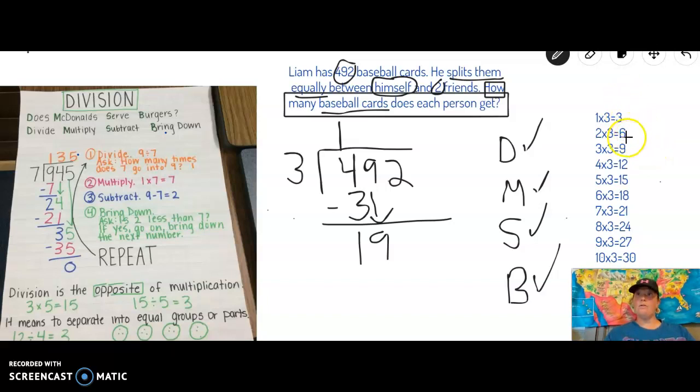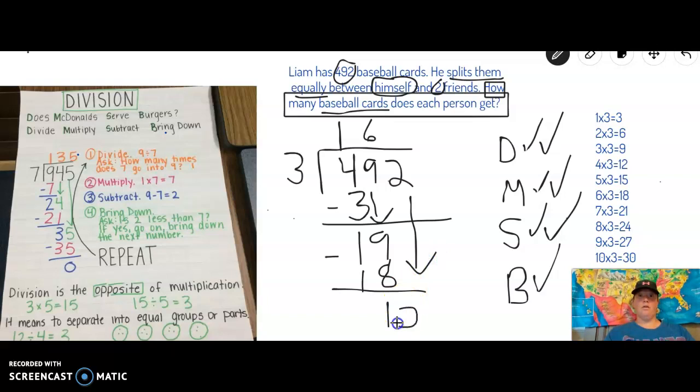Ready? 1, 2, 3, 4, 5, 6 times. Gets us close to 19. 6 times 3, we get 18. Okay. Now we subtract 19 minus 18, 1, and we bring down the 2.